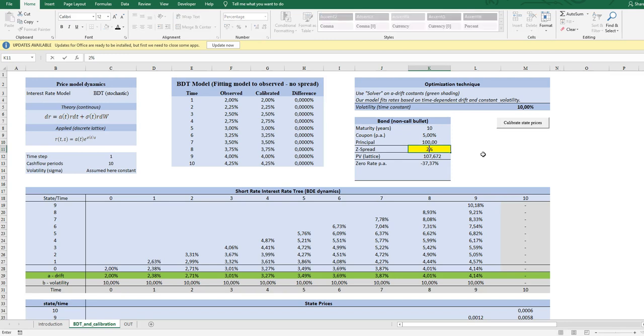I would like to have 2% extra due to credit risk or liquidity risk versus credit and liquidity risk on a government bond implicit in the zero coupon structure. Then the price would be 92.